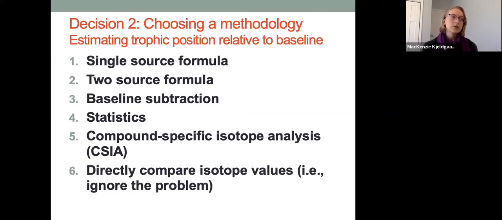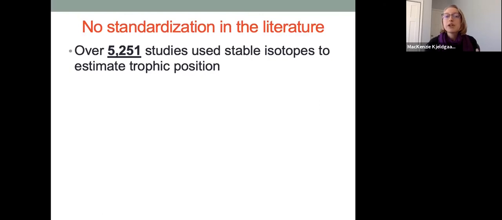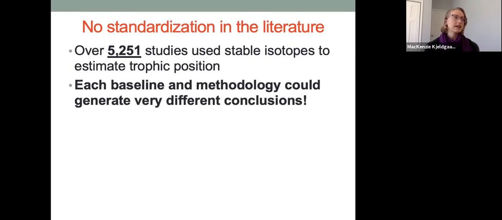Or authors sometimes choose to directly compare isotope values or just ignore the problem. Unfortunately, there's currently no standardization in the literature, and a lot of people are using this. I found that over 5,000 studies use stable isotopes to estimate trophic position, and each baseline and methodology could generate very different conclusions.